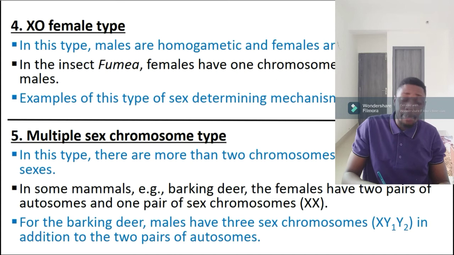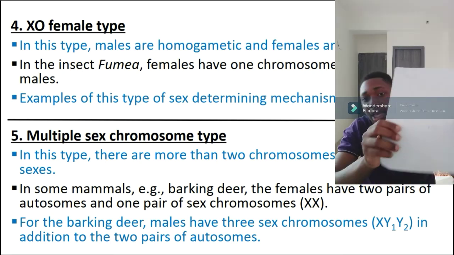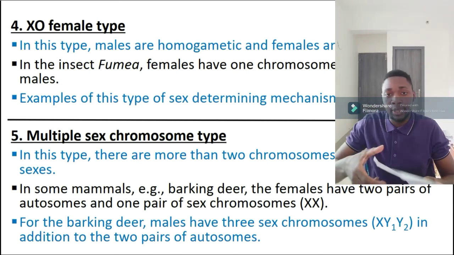And this can be simply expressed as a ratio of 1:1. So we can simply say the phenotypic ratio is equal to 1:1.